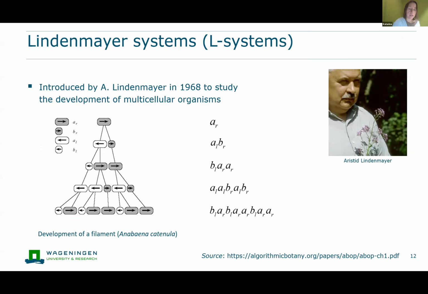And basically, he observed that in a filament of algae, you see certain types of cells that repeat. And as the organism develops, some cells create new types of cells, and you see that there is some repeating pattern in it.